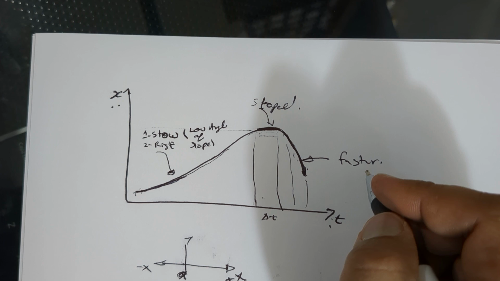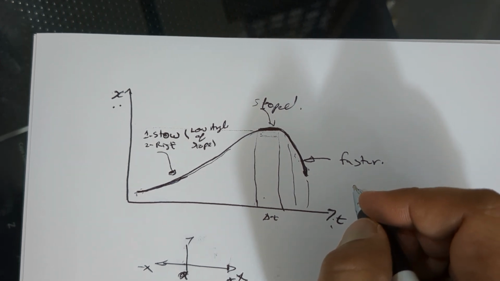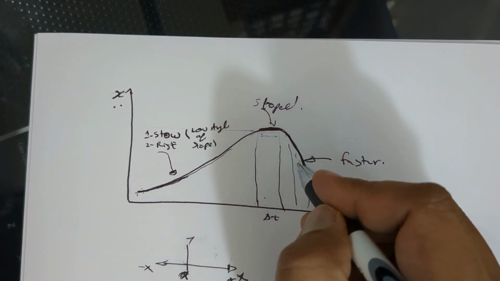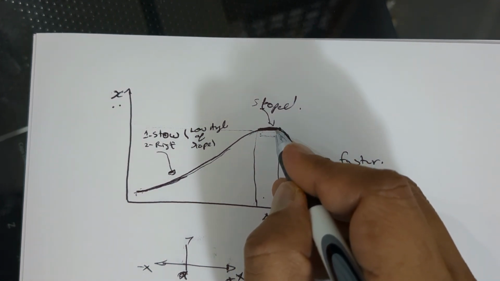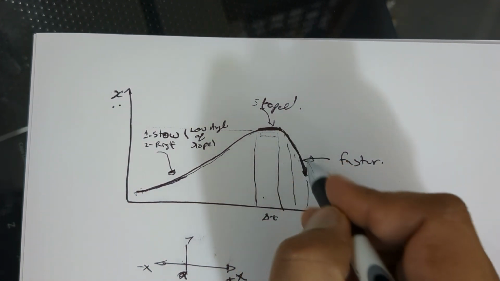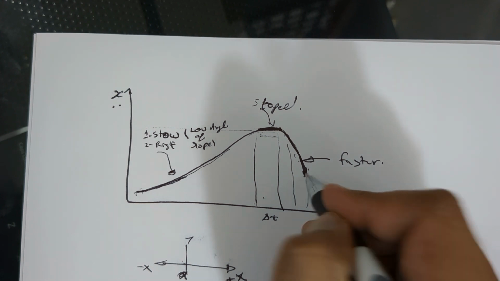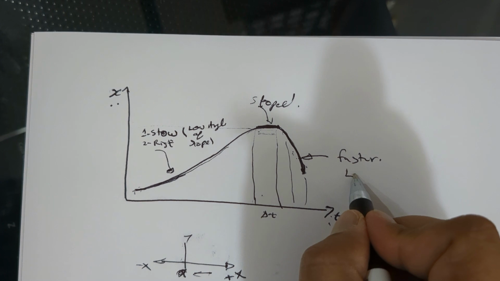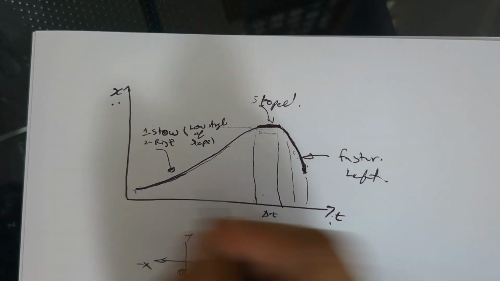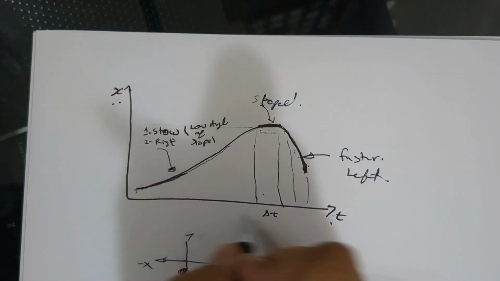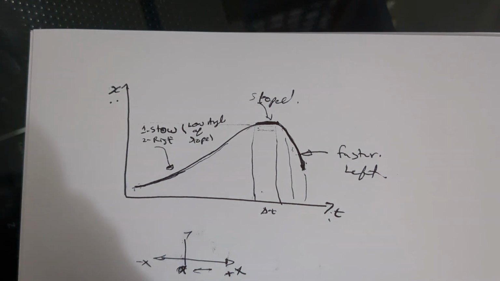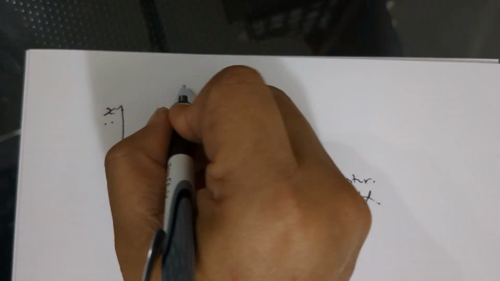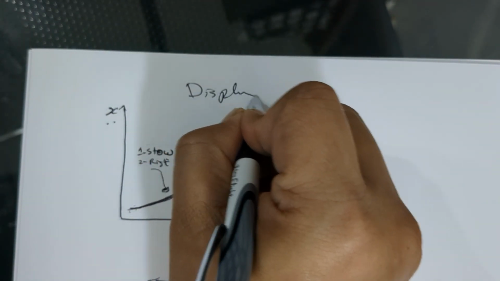Because you have a steeper angle. And then are you going right or left as you're going along here? You see here, this x is much higher than here. That means you have gone to the left side of the curve in this direction. So you have gone left. So that's our displacement plot. Let me just write displacement.